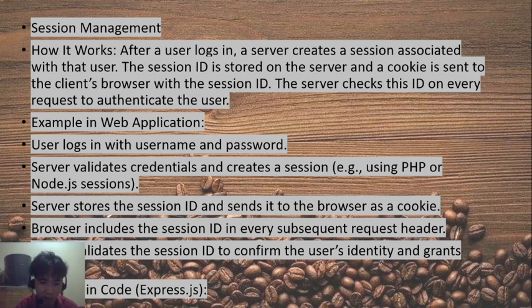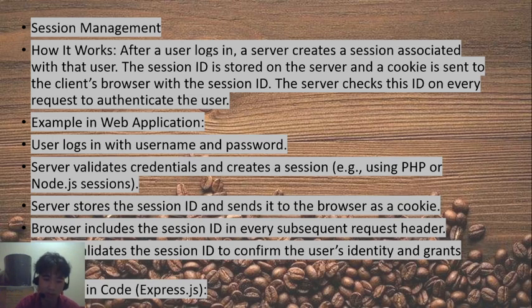The server validates credentials and creates a session, e.g. using PHP or Node.js sessions. The server stores the session ID and sends it to the browser as a cookie. The browser includes the session ID in every subsequent request header. The server validates the session ID to confirm the user's identity and grants access.